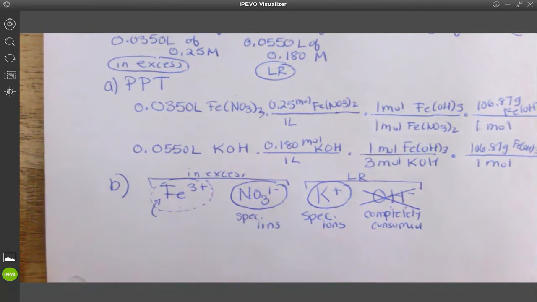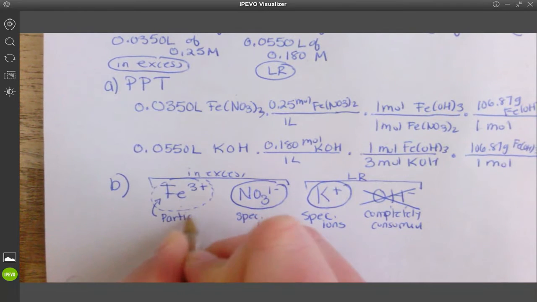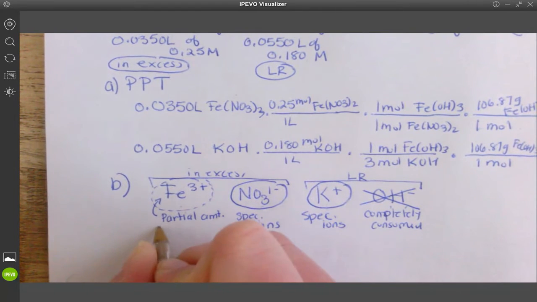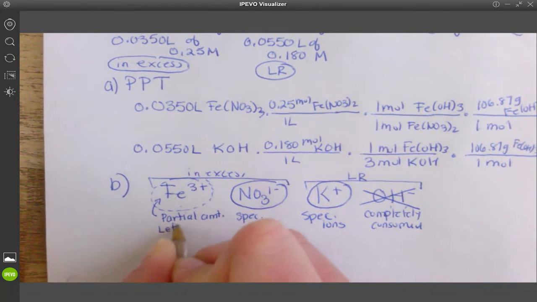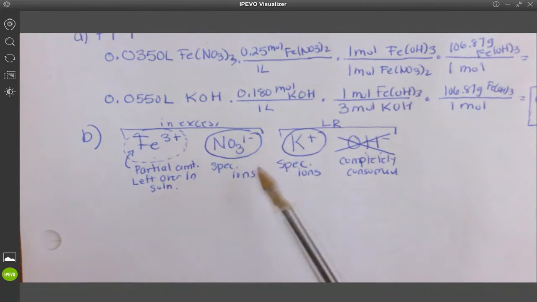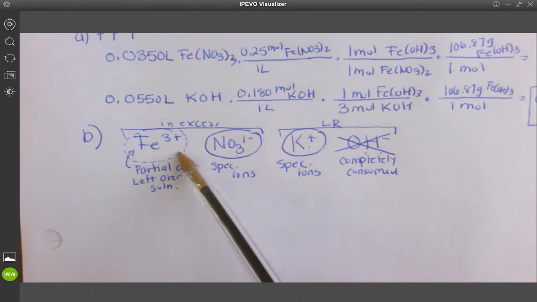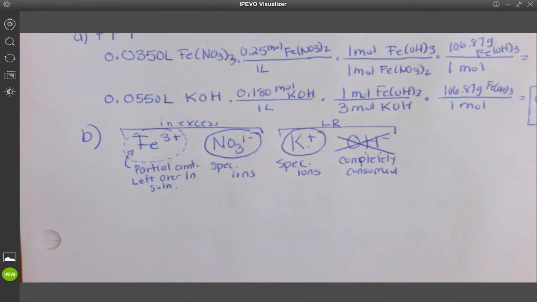This is the one that I'm going to have to figure out the partial amount that's left over in the solution, and I have to find the concentration of it. Just like in the last video, I'm going to figure out the concentration of my 2 spectator ions first, and then I'll deal with my iron 3 plus ion.